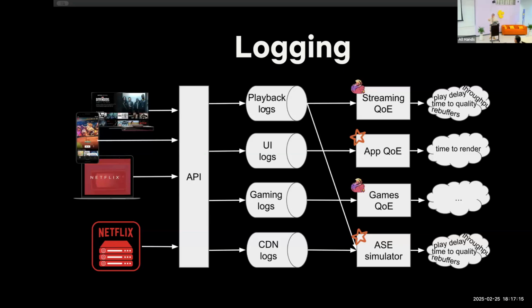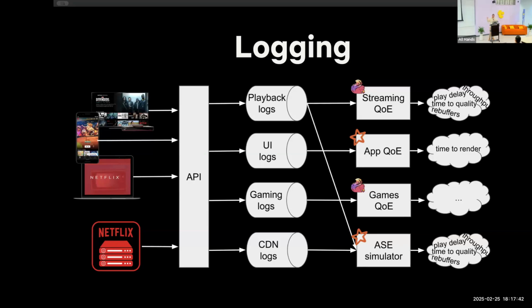Those are logs that come from the player: play, pause, rebuffer, all the events that happen during the session. And you also have UI logs, UI as in the catalog when you browse the app to choose your movie. That's a different logger. Now we're a gaming company, so we also have logs from games. We also have CDN logs, and there are many more. I just tried to add some here.